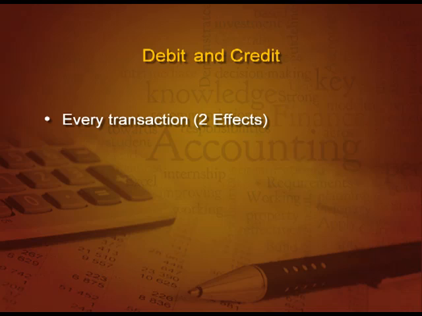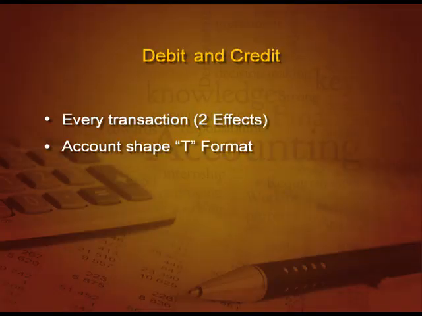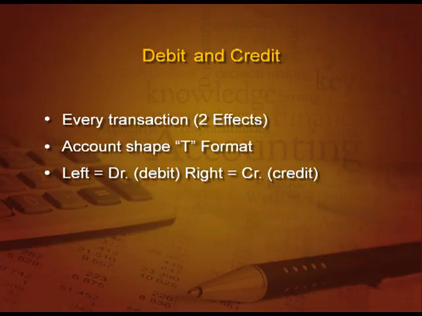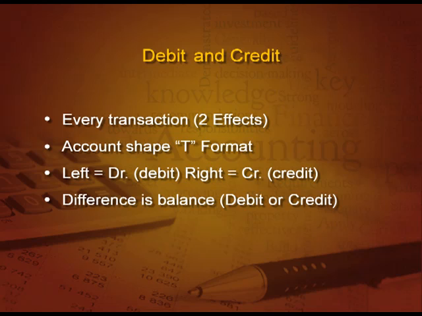He said every transaction has two effects, one debit, one credit, and we make an account in T format. In the T format, on the left hand side we show the debit side, on the right hand side we show the credit side. So, left is debit, right is credit and the difference is the balance. It can be debit, it can be credit.